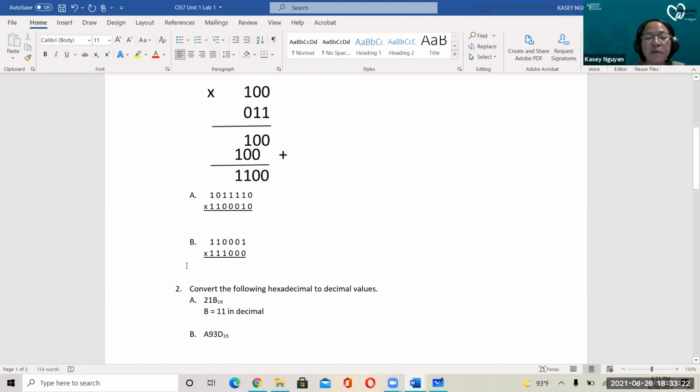So if we start with the most right, I'm going to go ahead and type that. That will be 11. The conversion would be 11 times 16 to the 0 power. And that's going to take care of our B.